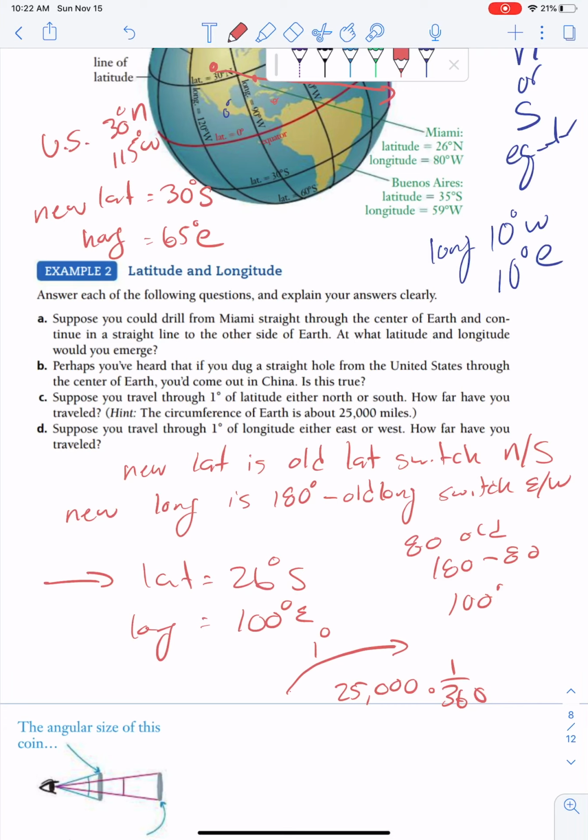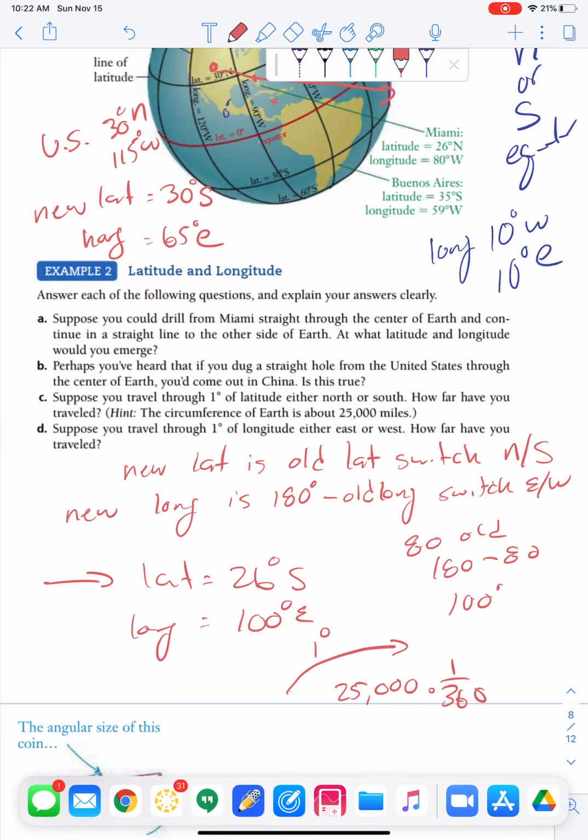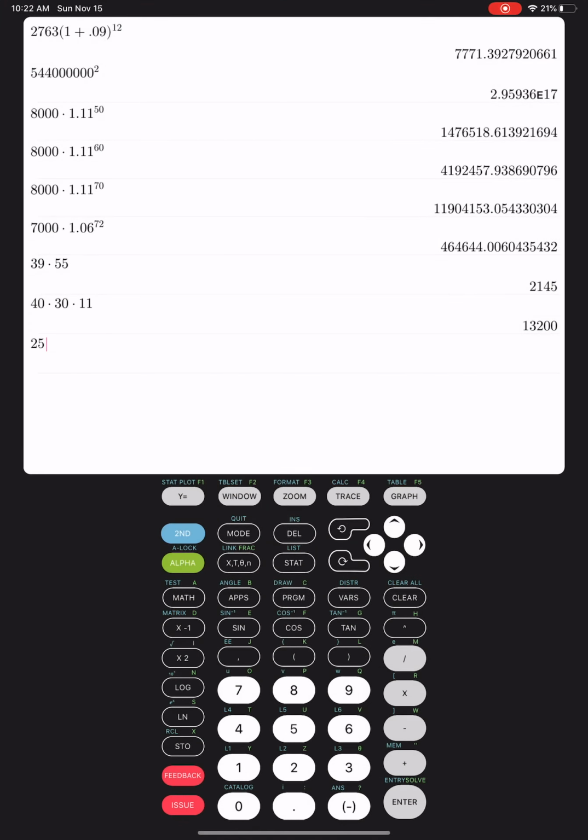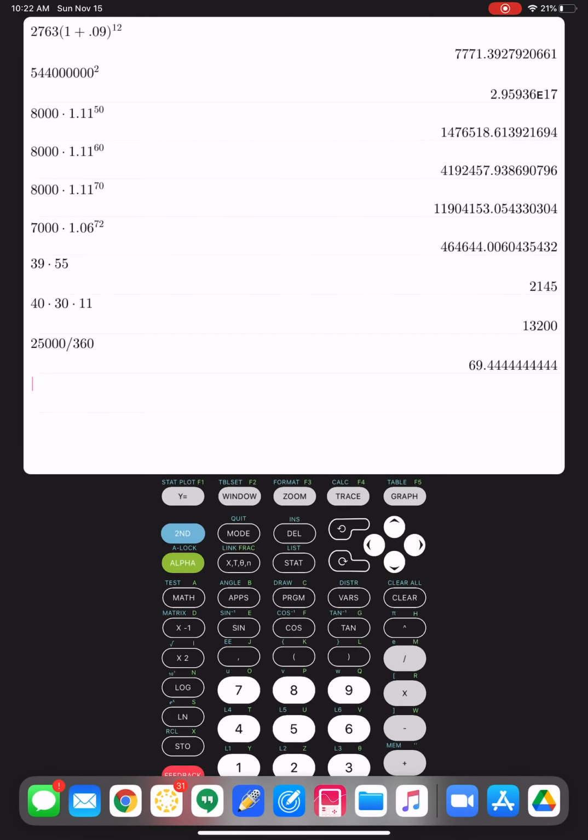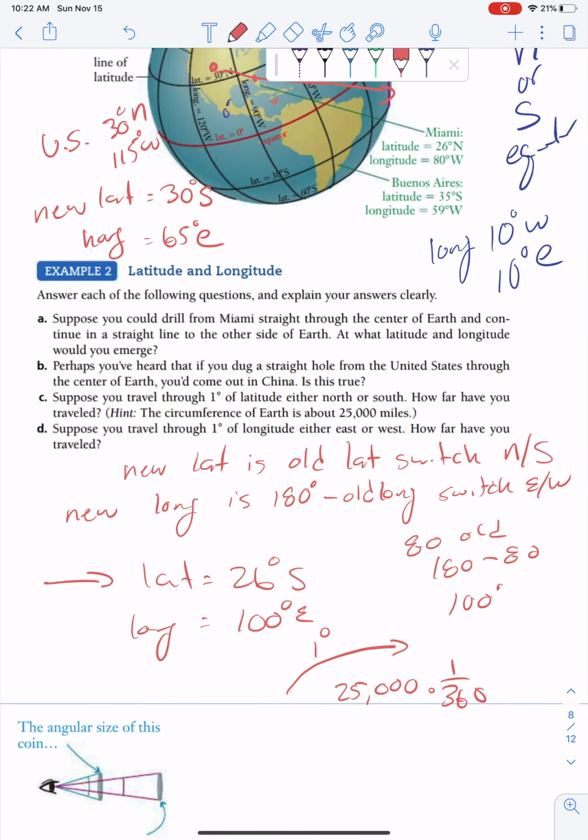So if I divide 25,000 by 360 degrees, I get about 69.4.